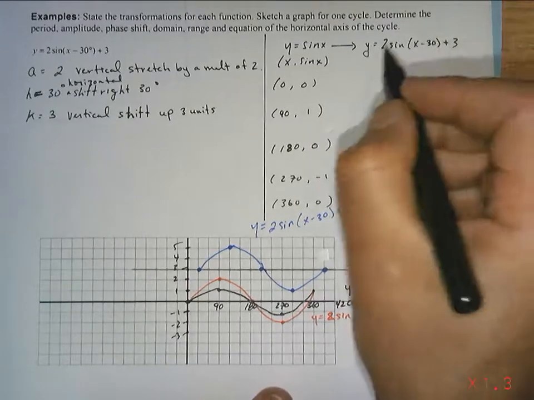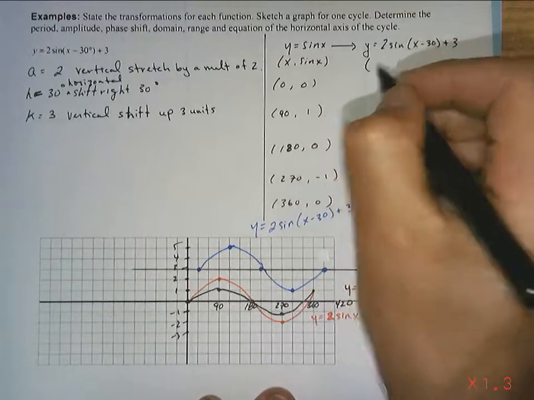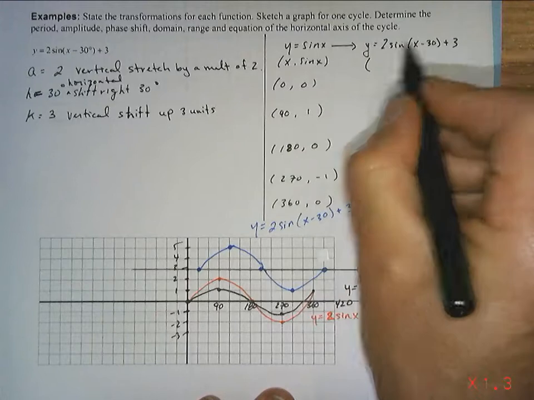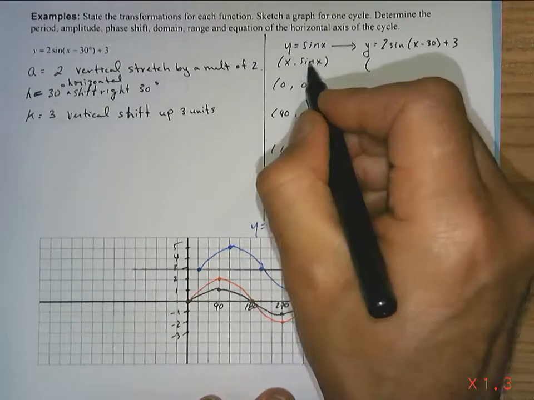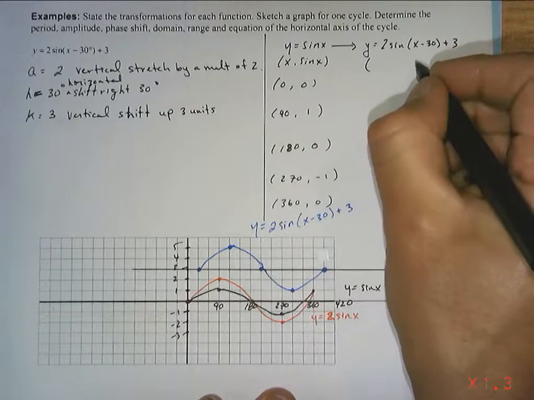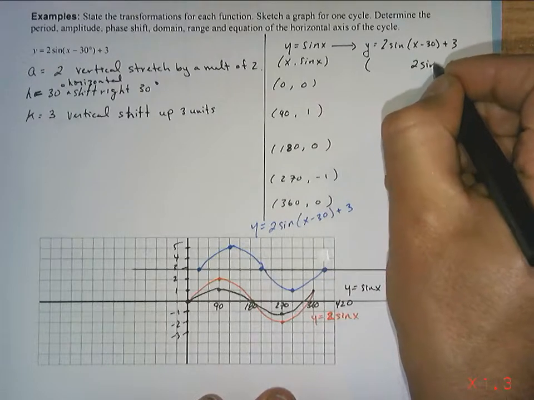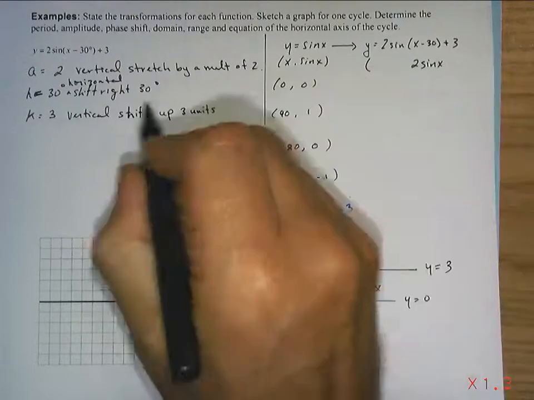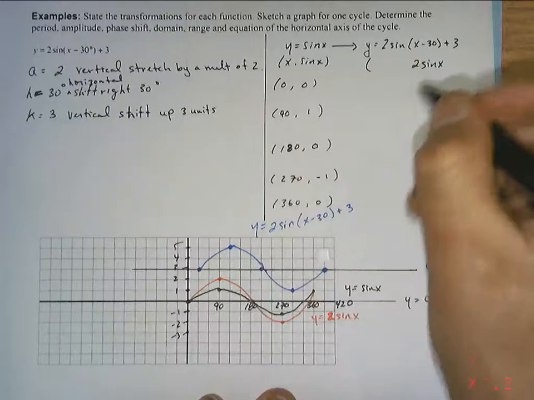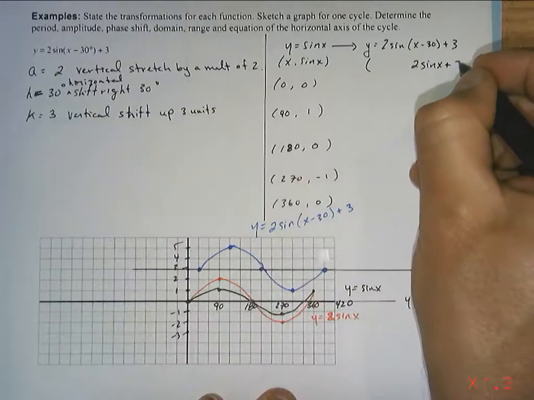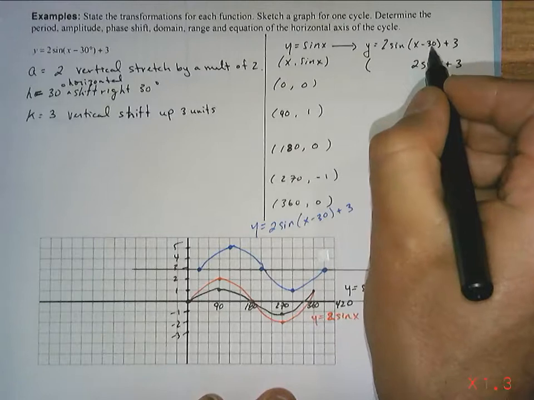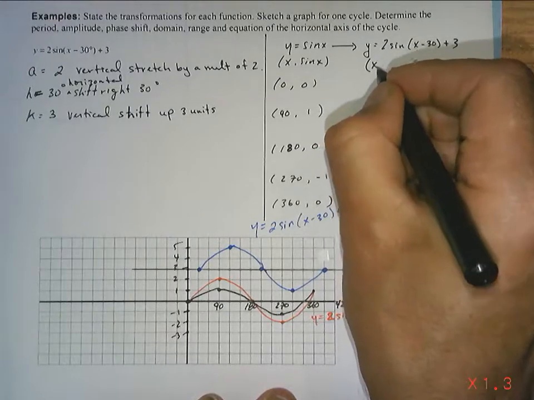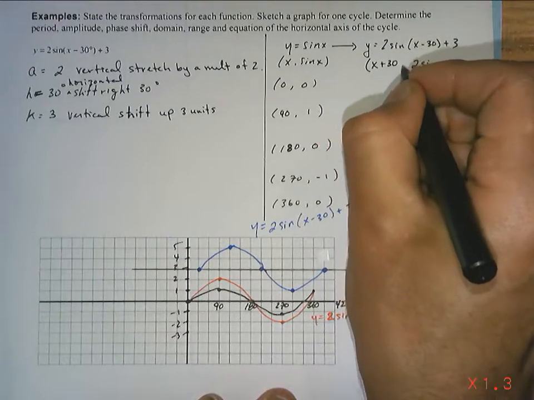And that's going to change a number of things. So the first thing we notice is it's going to have a vertical stretch of 2. So instead of going up sine x, it's going to go up 2 sine x's. And it's going to have a vertical shift up, so that y value is also going to have plus 3. And we know it had a horizontal shift to the right, so each of the x values must have plus 30.